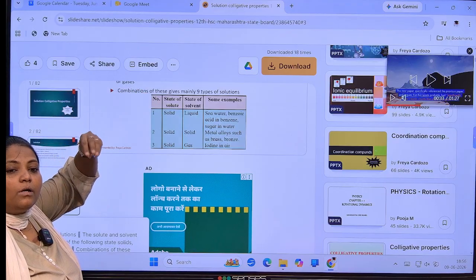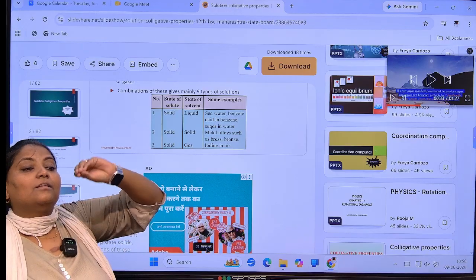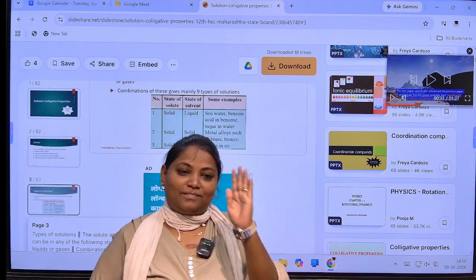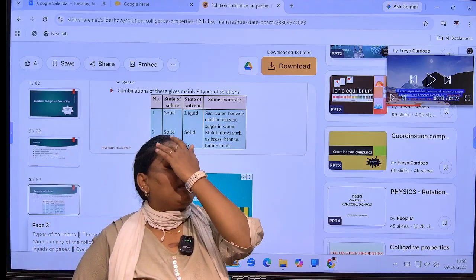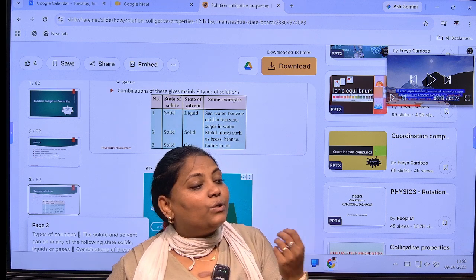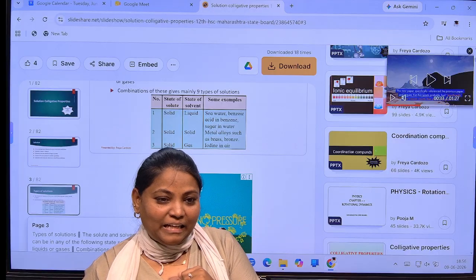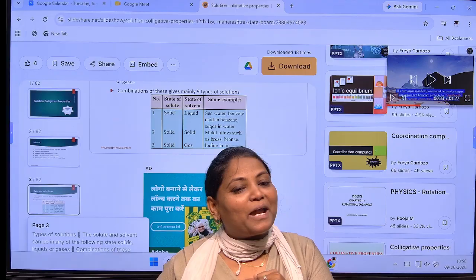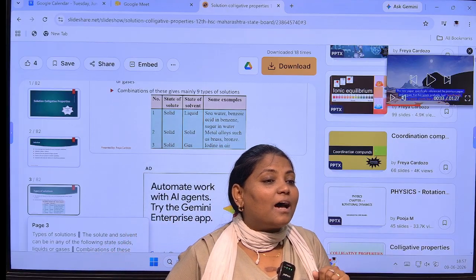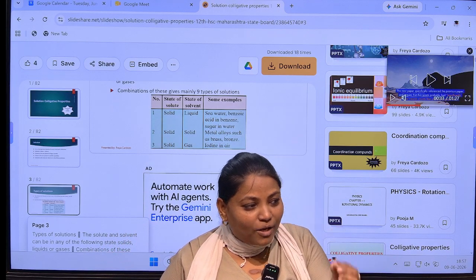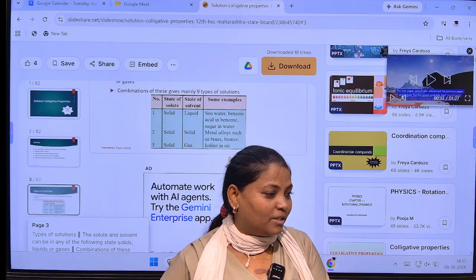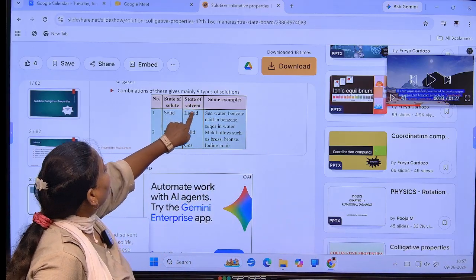So think about whatever you are going to make the solution, the solute that you are adding. Now we will come to chemistry. Now we will leave the kitchen. You have NaCl, nothing but your common salt, right? You have baking soda. These are all salts, and these salts are in a solid state. You are adding that into something, so the state of that solute becomes solid, and the solvent is liquid.